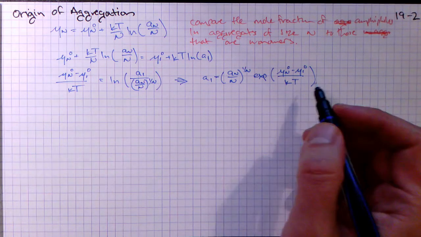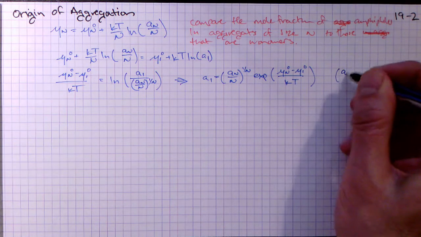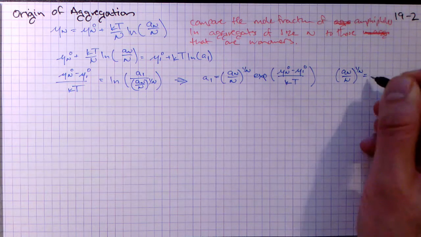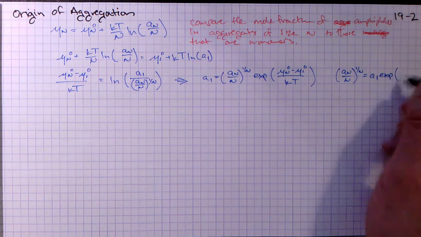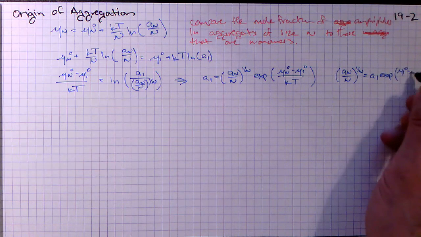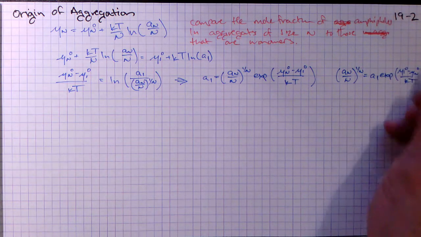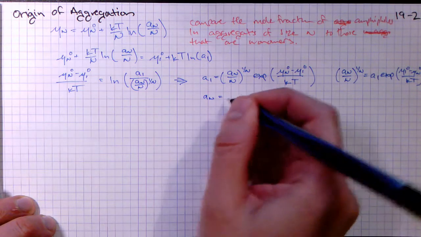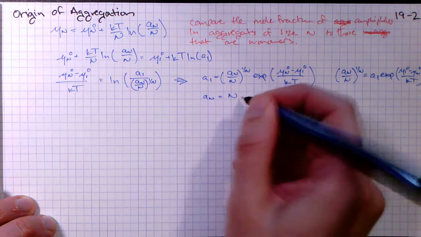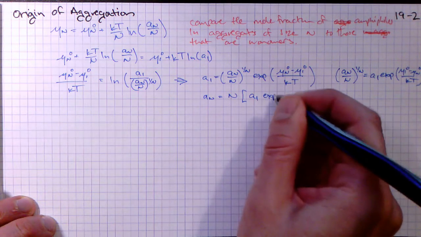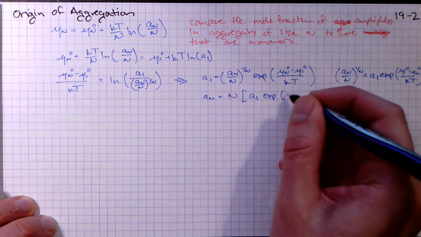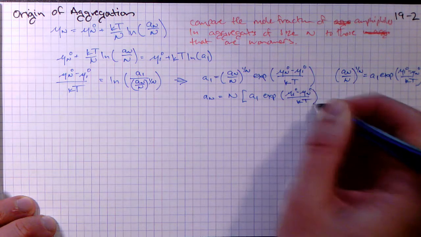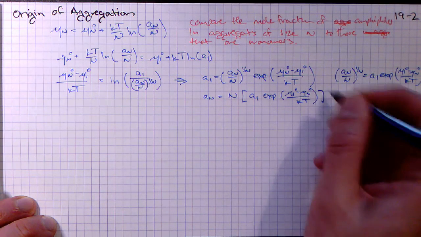Or similarly, we can write down that an over n to the 1 over n is equal to a1 exponential mu 10 minus mu n0 over kT. So if we want to write down the expression for an, we would get n times a1 exponential mu 10 minus mu n0 over kT to the nth power.